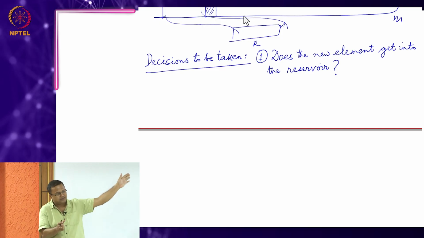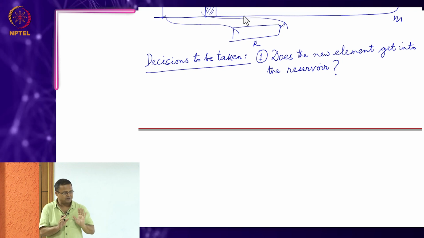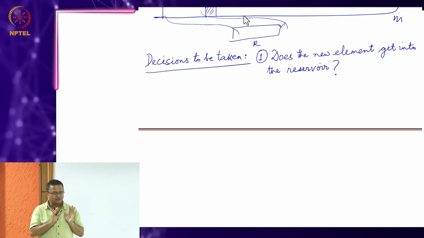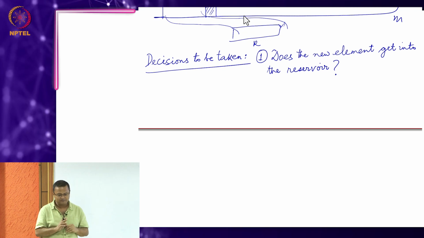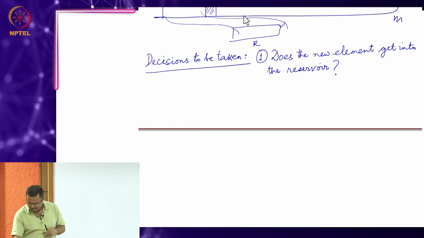Once it has gone past, I cannot take a decision on this. So, this is one decision. Do I need to take other decisions?